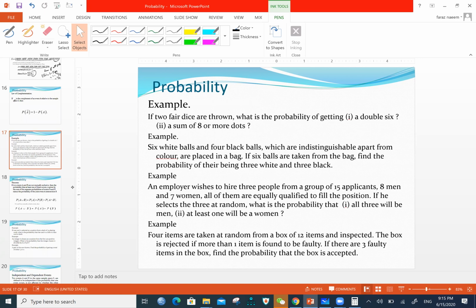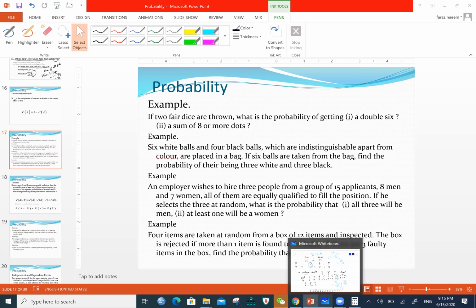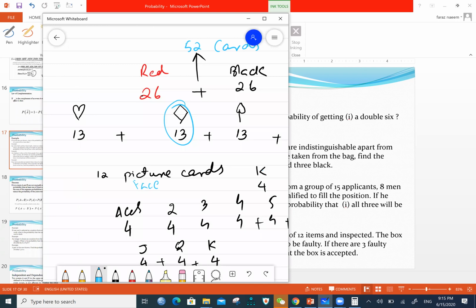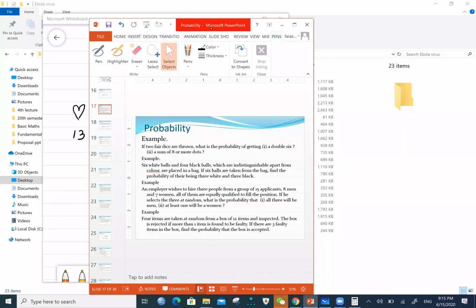If 2 fair dice are thrown, what is the probability of getting a double 6?